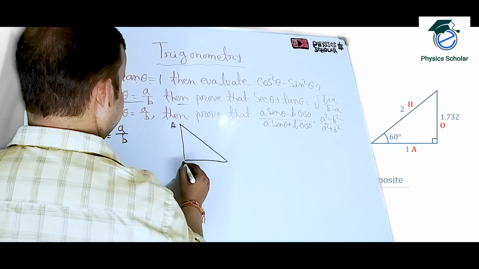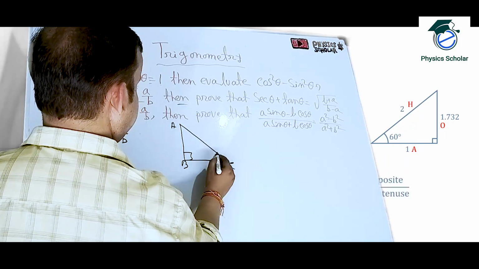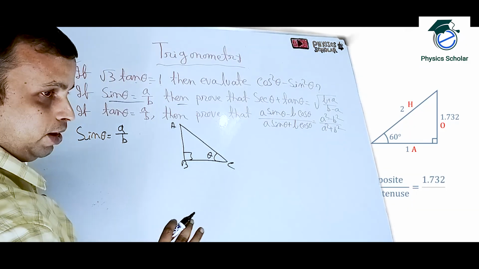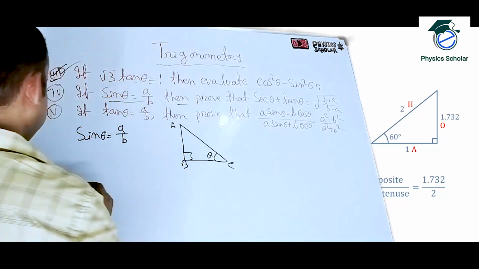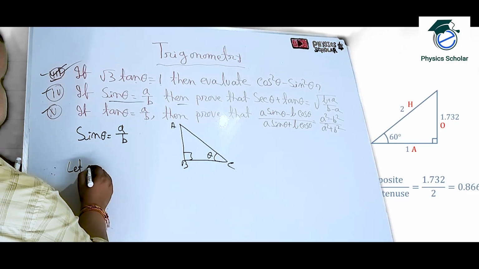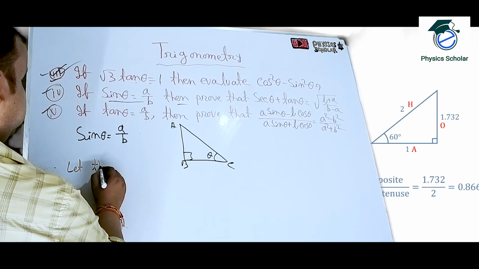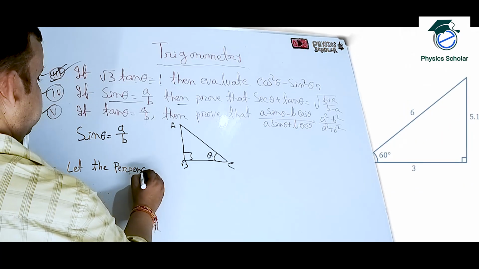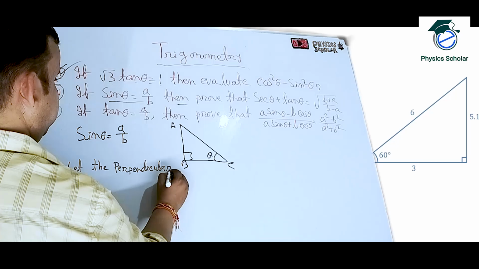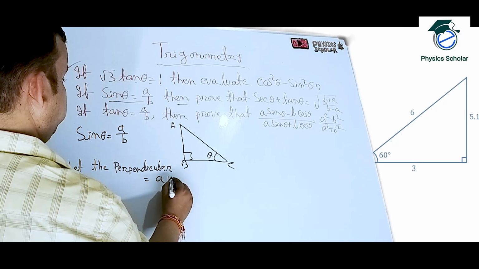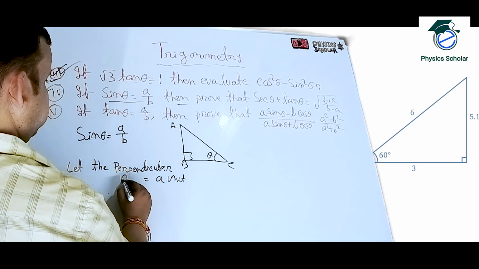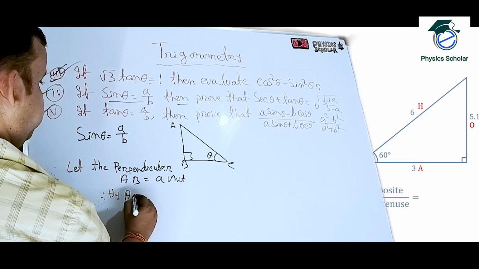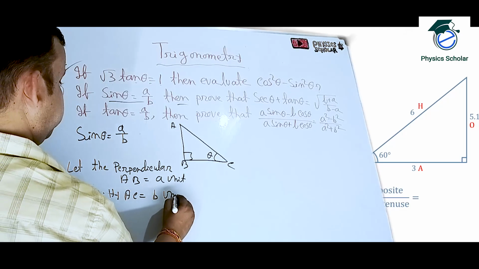Okay, it is A, B, C. It is 90 degrees, same thing. Variable quantities are given, that's why I am not taking a common multiple. So let the perpendicular AB be equal to A unit, and hypotenuse AC be equal to B unit.